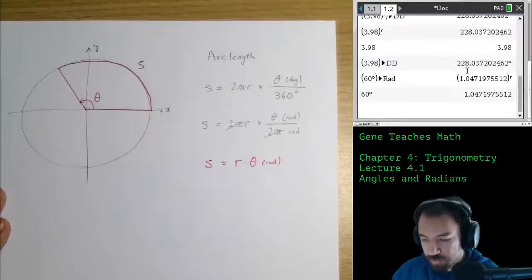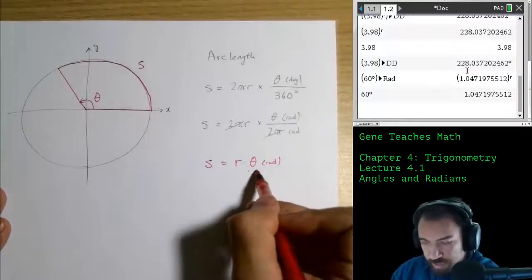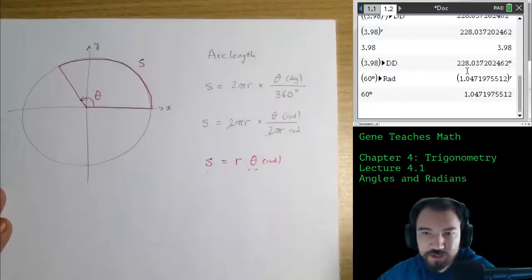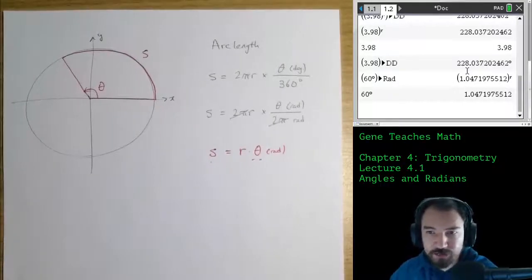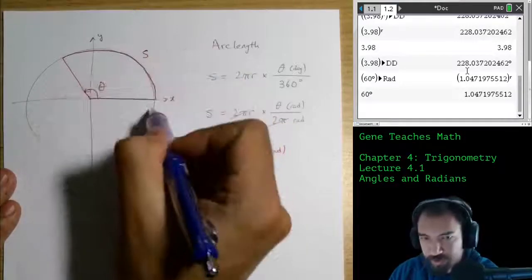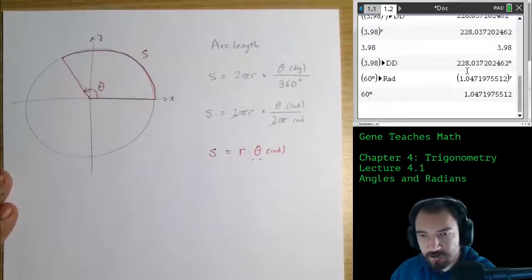So that means if theta happens to be exactly 1 radian, then the arc length and the radius are the same as each other. So in fact, this is often how we teach what a radian is. We say a radian is the magical angle where the arc length is the same as the radius.